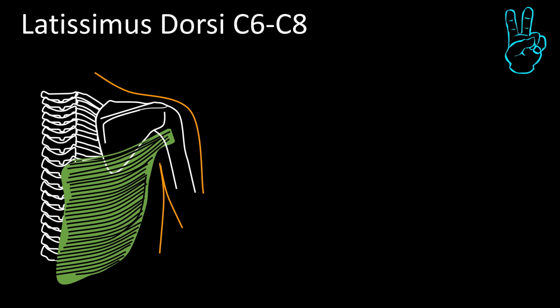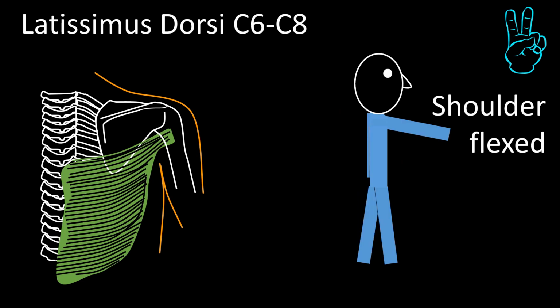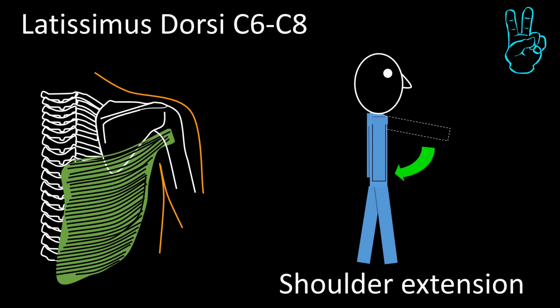The second action, from shoulder flexion position, is shoulder extension to the neutral position, an action shared with the pectoralis major and many other muscles, but in addition, it produces extension beyond the neutral position, an action rather unique to this muscle.